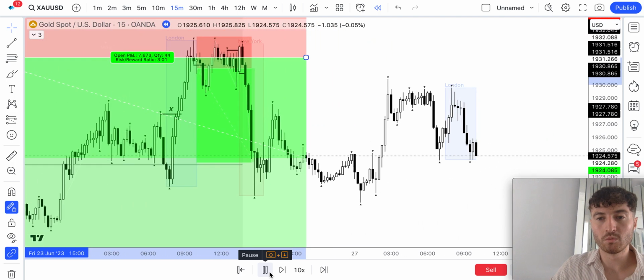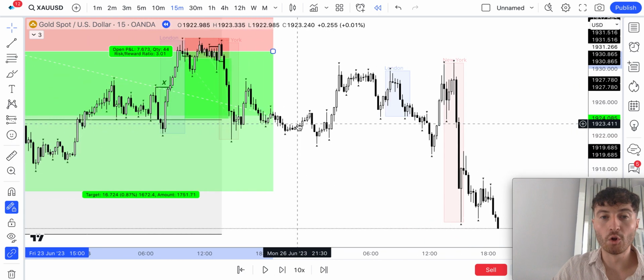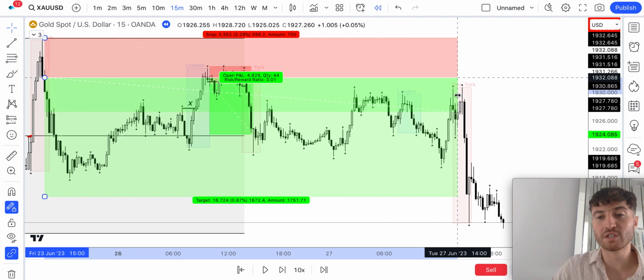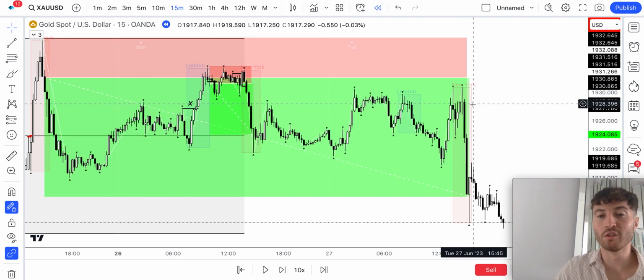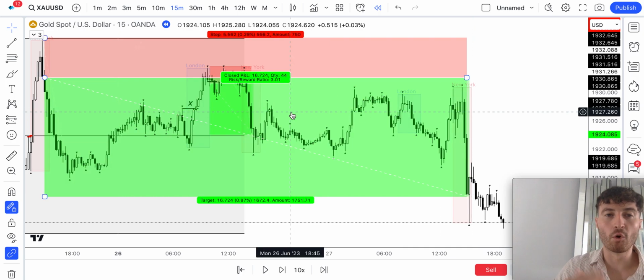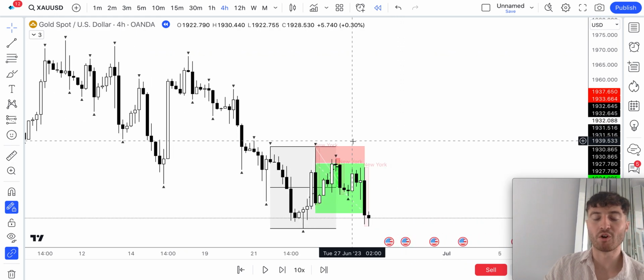Okay, so we're still chopping around a bit, and ultimately that first position that we did take was hit for a 1 to 3 as well there. Okay, so within this 4-hour market structure, you can see there were multiple entries based on the 15-minute time frame. Okay, so yeah, that's pretty much this strategy in a nutshell.